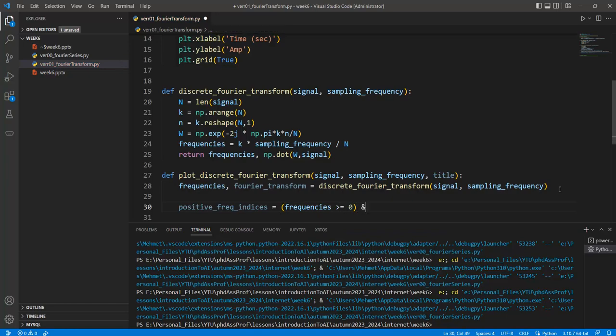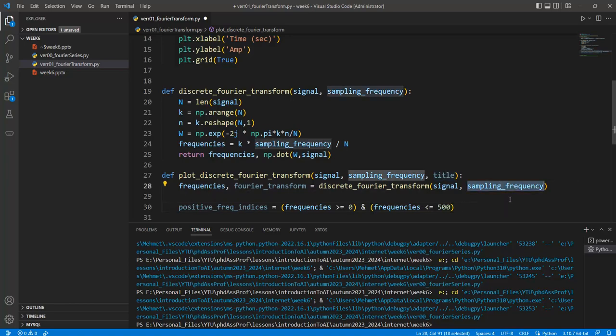and we should bound the frequency representation in here like this one, because we have the 500 values in the sampling frequency.